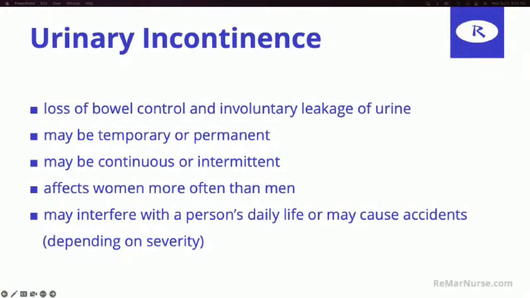Okay. So we're specifically talking about urinary incontinence, and so when there is an alteration to the normal elimination, this is considered an issue that we have to treat. Okay. Now, urinary incontinence is where you cannot control your bladder.